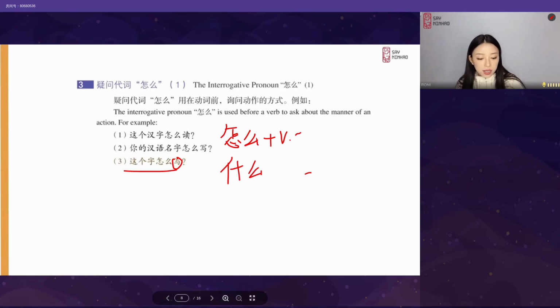One is 怎么, one is 什么. 什么 means what, and 怎么 means how. And the biggest difference between these two is 怎么 plus a verb and 什么 plus a noun. After 什么, there is always a noun. We are asking about what thing. And after 怎么, how, we will put a verb after it.